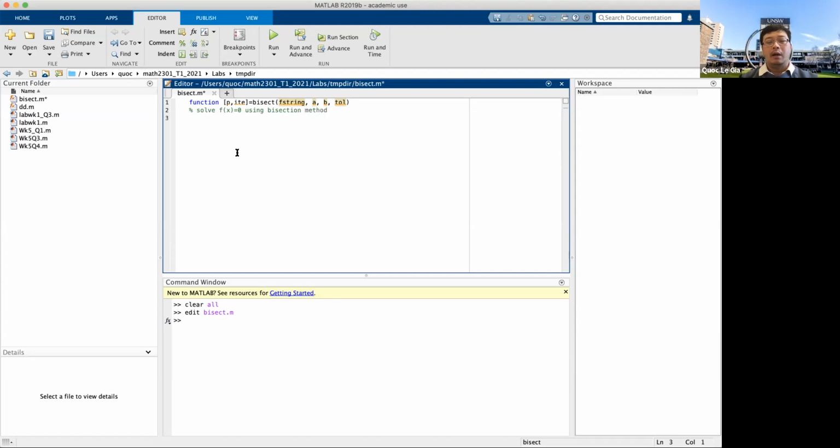And we return p when the absolute value of f(p) is less than or equal to the tolerance, and after that number of iterations, ite, the number of iterations.